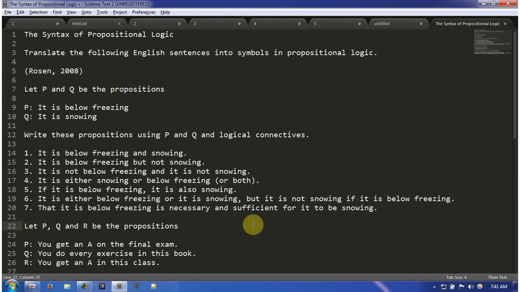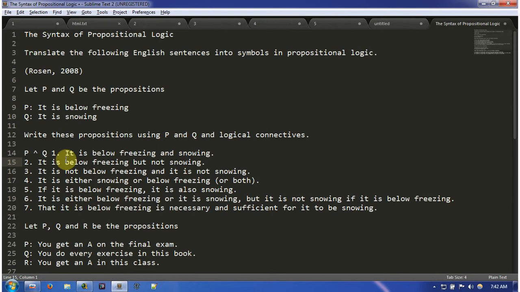Let's start. For number 1, it is below freezing and snowing. That's obviously P and Q. Next, it is below freezing, but it is not snowing.